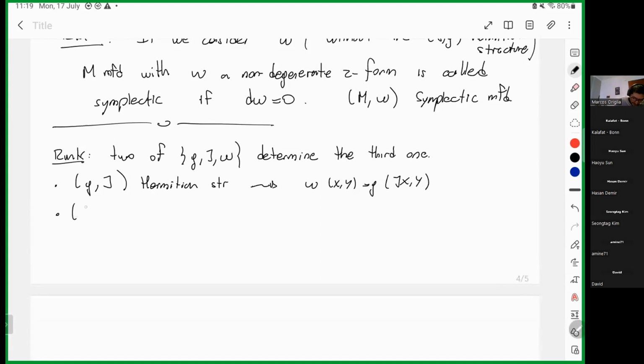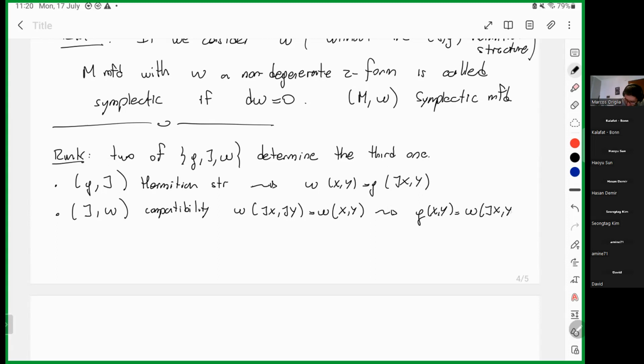But if you start with the complex structure and the two form, and of course you ask for some compatibility condition, which is just that omega in JX, JY has to be the same as omega in X and Y, then under this condition we can define G. And how is the definition of G? Well, G in X, Y is just omega in X, JY.